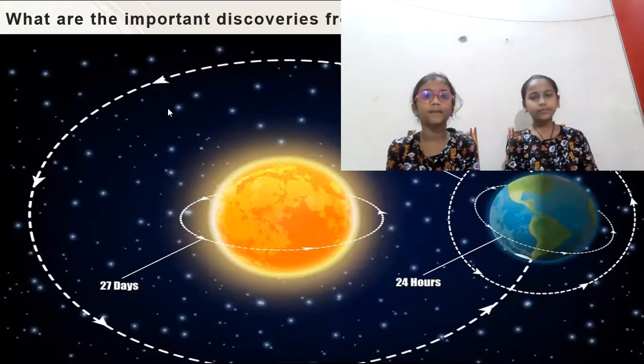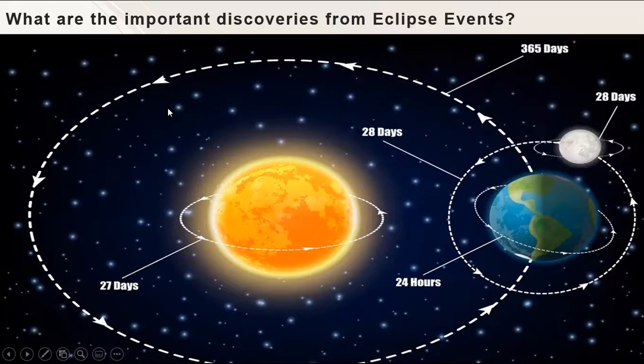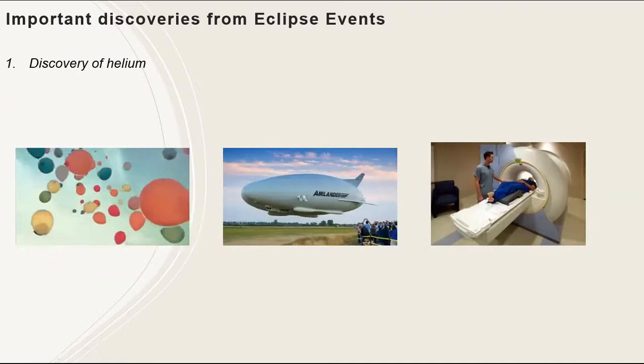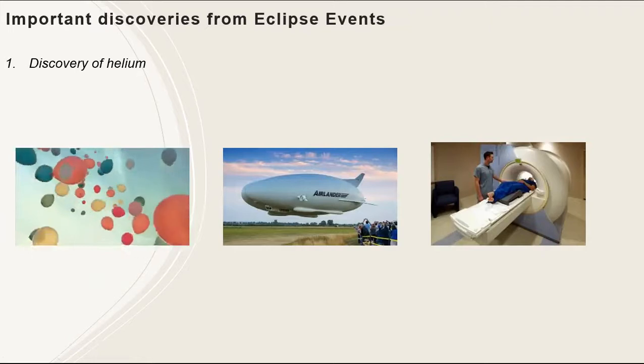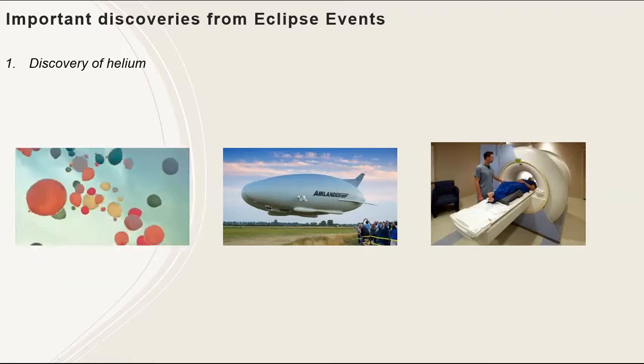What are the important discoveries from eclipse events? Discovery of helium in 1868 while observing a total solar eclipse whose path passed over Guntur in India. The French astronomer Pierre Janssen observed a bright yellow line in the spectrum of a hot ionized gas that extends into the corona.